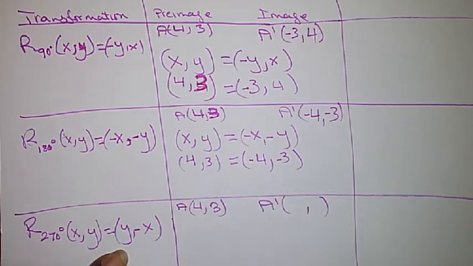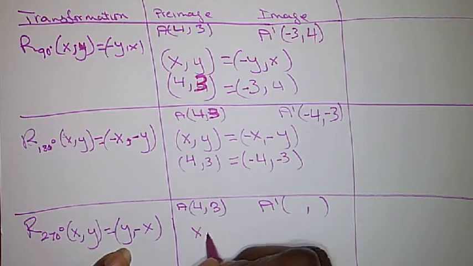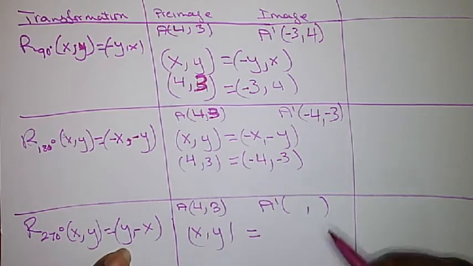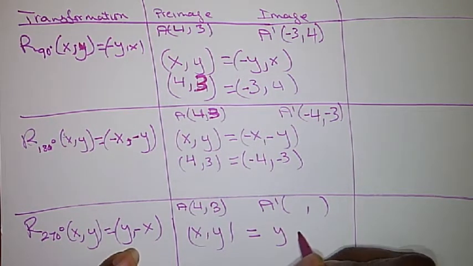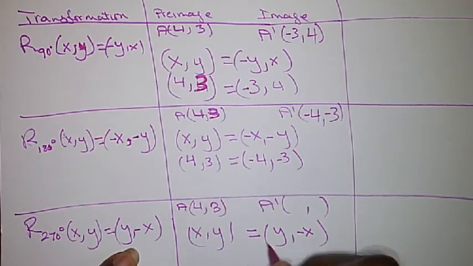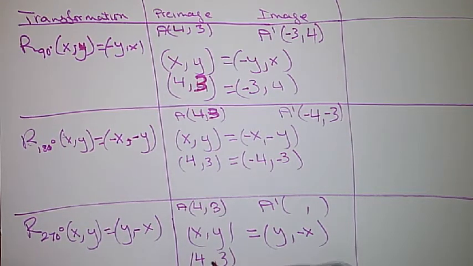You don't have to do this if you don't want to, as long as you know what you're doing. So (x, y) equals (y, negative x). The x value is 4, the y value is 3. My y value is 3, so I put it here, and my x value is 4, so I put it on this side.